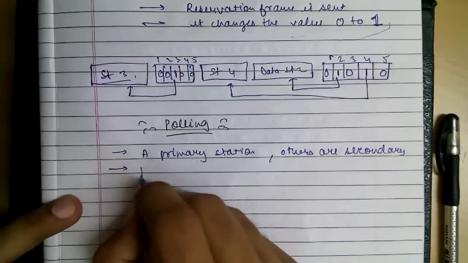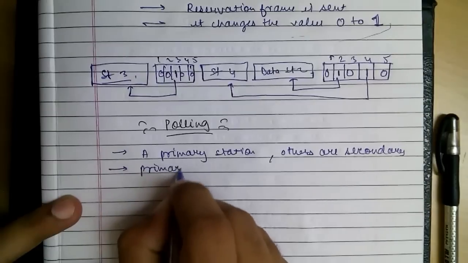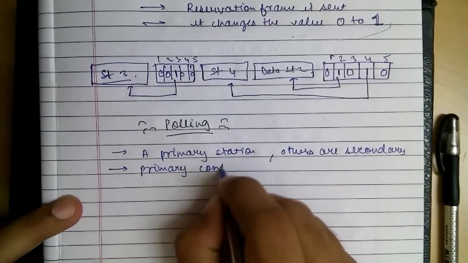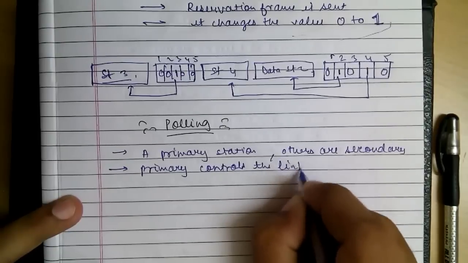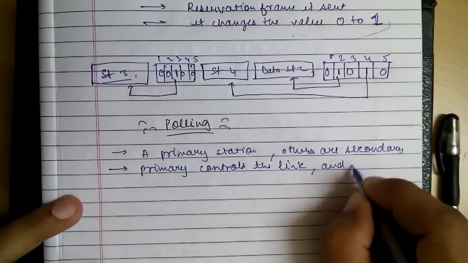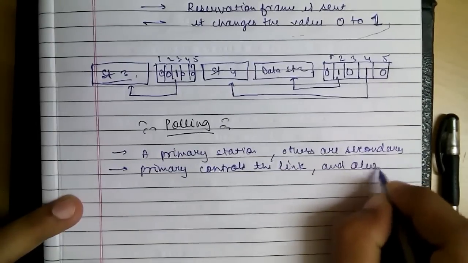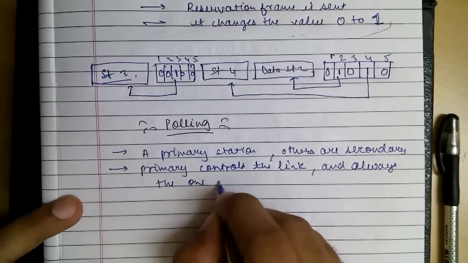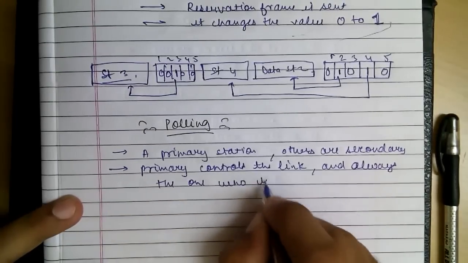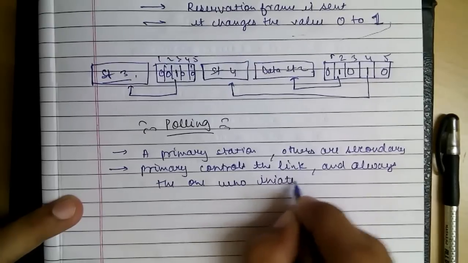This primary station controls the link and is always the one who initiates a data transfer.